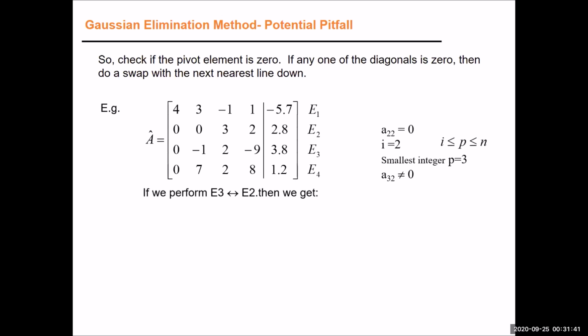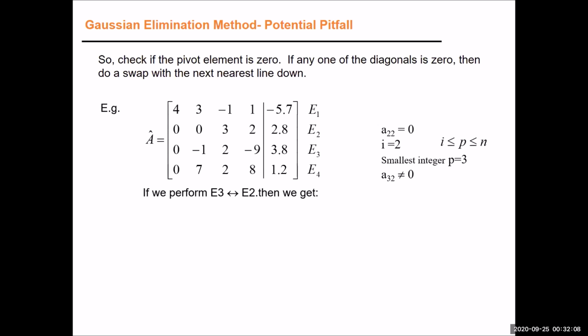There's a 0 right here. As I say, you need to interchange, swap the equation with an equation further down. The nearer, the better: the next nearest equation below the equation that has the problem. So this equation has a problem, right?